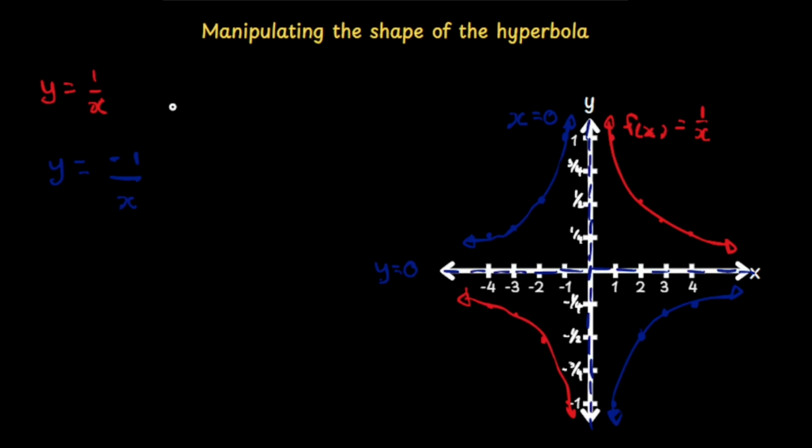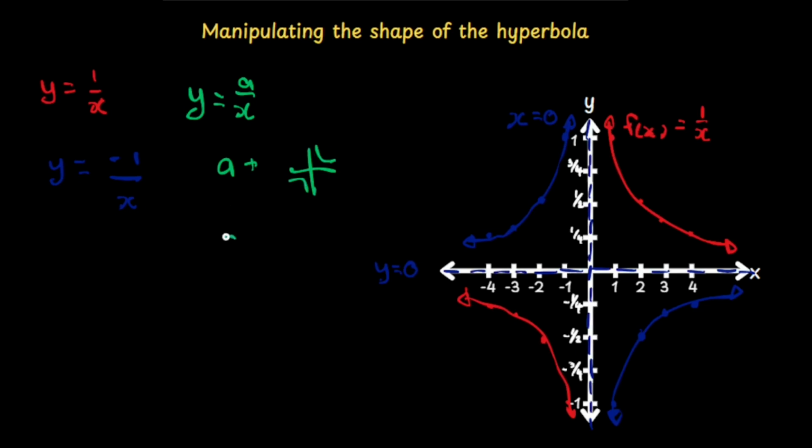Essentially what I'm saying is, for the manipulation of shape in the hyperbola, I would look at the a value in the equation y is equal to a over x, and that will be your standard formula. If your numerator is positive, your graph would have a shape that would look like this. That will be your first and your third quadrants.